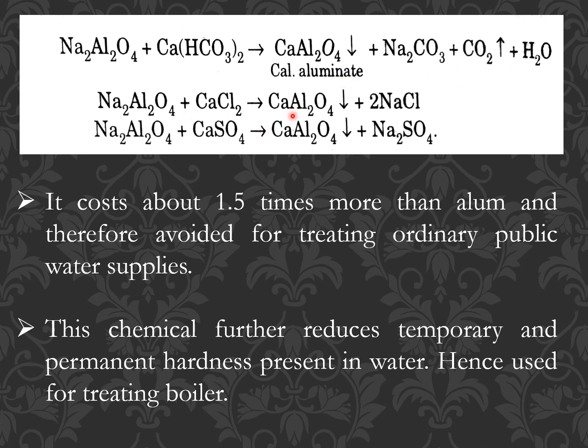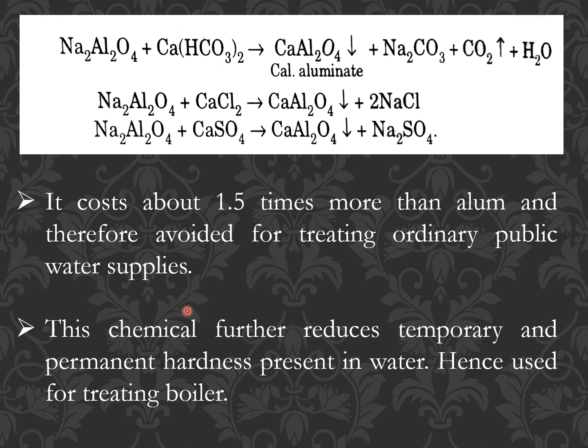So this calcium aluminate again attracts the flock and converts the water to the purest form, so that the flock, the coagulant, will settle down. Okay. So its cost is about 1.5 times more than alum and therefore it is avoided for treating ordinary public water supplies.